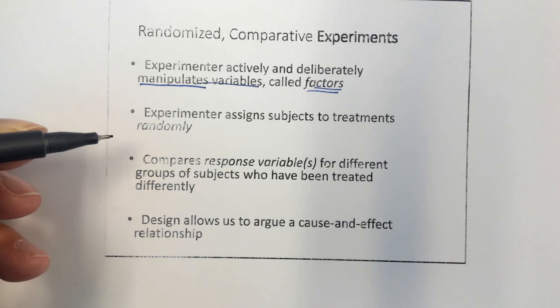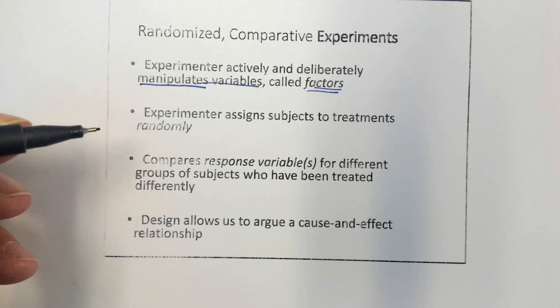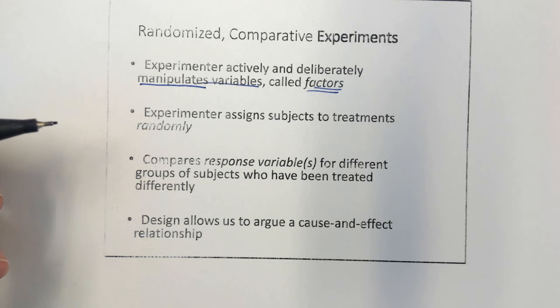The experimenter assigns subjects to treatments randomly. That's really important. Because if you don't randomly assign subjects to treatment groups, then you might get a whole group of women with some sort of commonality that you don't even know about and confound your results and really not know anything at the end. So if you have 50 women that you can study, you want to somehow, using random number tables, using random digits on your calculator, pulling names out of a hat, pick 25 of them to put in the vitamin B12 supplement group and 25 to not put in the vitamin B12 supplement group.